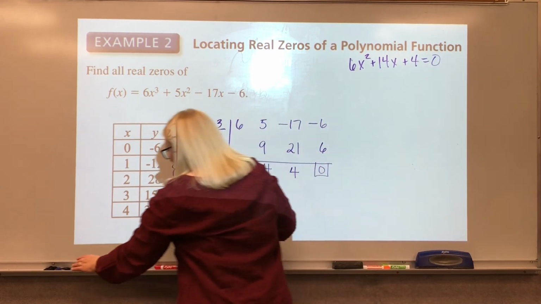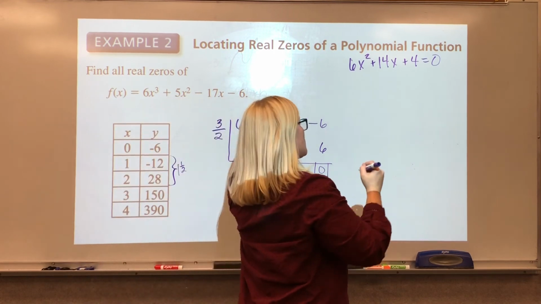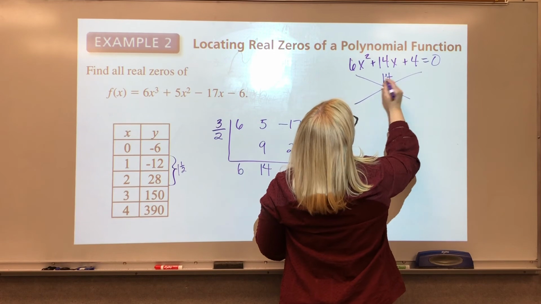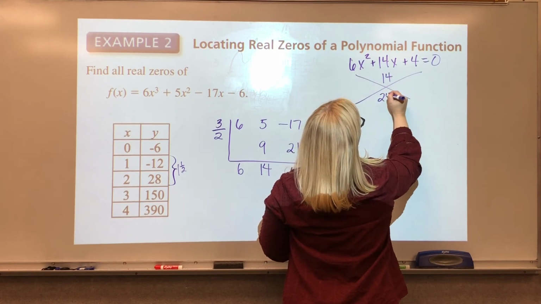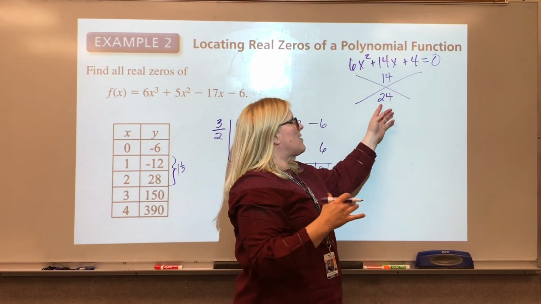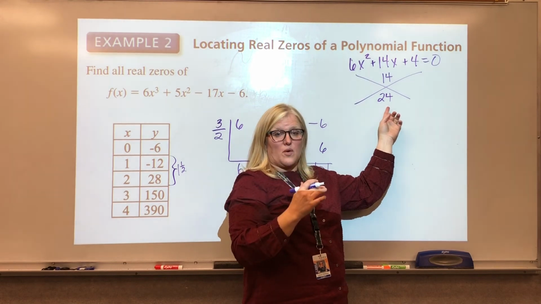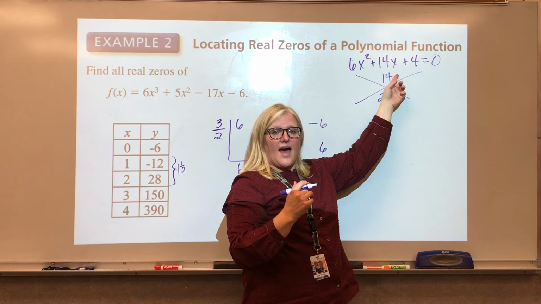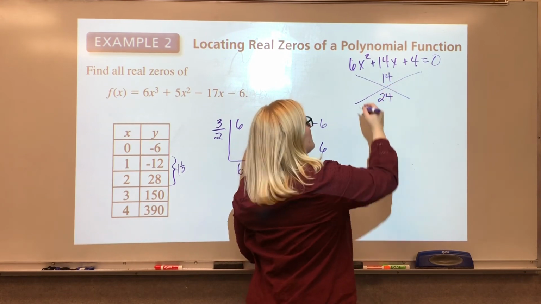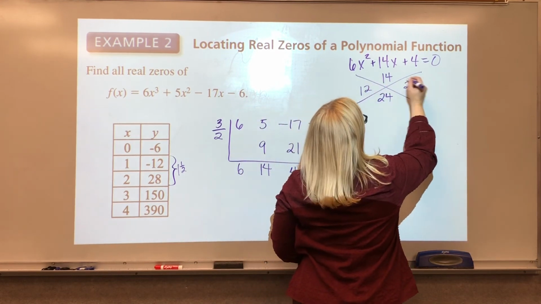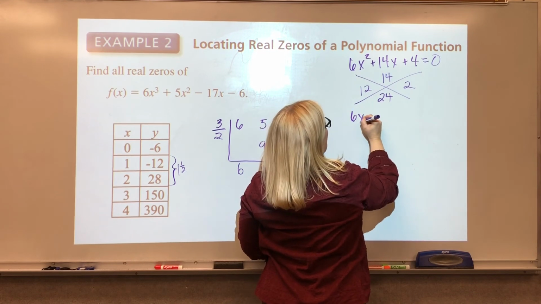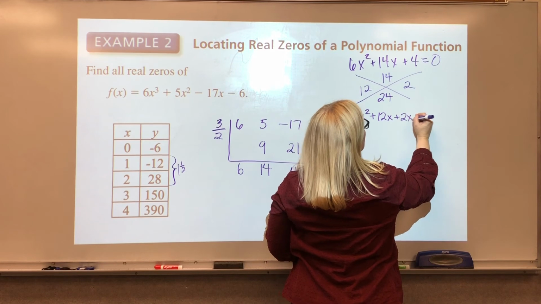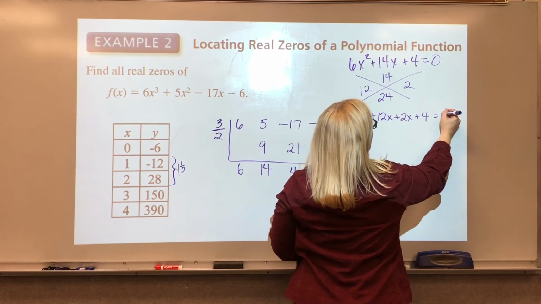So let's look real quick and see if it's factorable. Okay, I'm going to drop down the 14. 6 times 4 is 24. Is there something that multiplies to give me 24 that adds to give me 14? Yeah, it's 12 and 2. So now I rewrite this. 6x squared plus 12x plus 2x plus 4 equals 0.